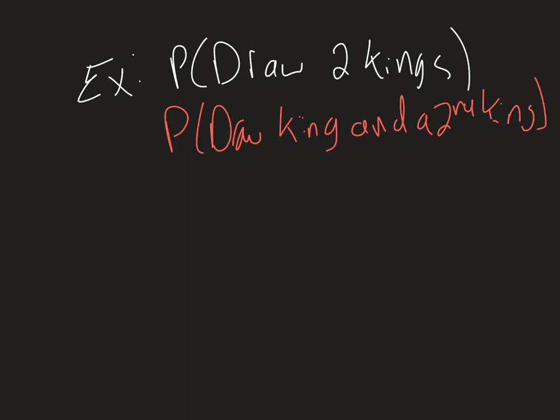Now, these events are mutually exclusive in that I can't draw 2 kings on the first go. But they are not independent because whatever I draw on that first one is going to affect what happens on the second one. So let's look at the probability that I draw the first king.